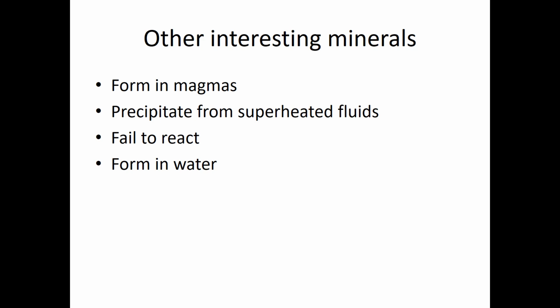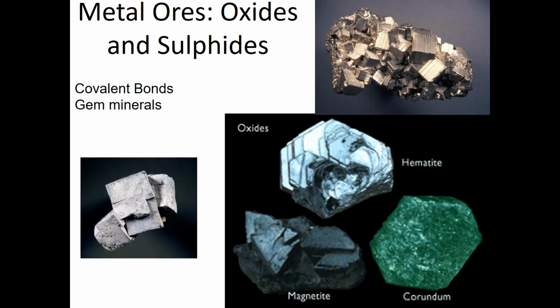Now, these next minerals represent more commonly covalently bonded phenomena, such as your oxides and sulfides. So in the upper right and lower left, you'll see two sulfides, both of which form probably at a little bit of depth and involve flow of fairly hot water through cracks and pore spaces in deeper rocks, often near bodies of magma.